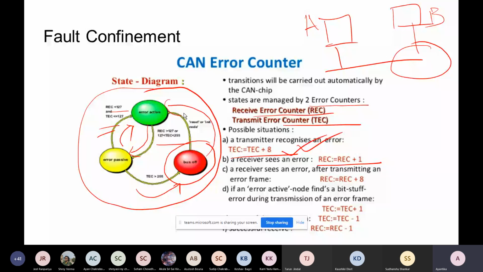Now, if that fails, there is no purpose of communication within that CAN network. That's why there should be some mechanism to handle errors and faults within the network itself. And fault confinement is one example of that. That's why CAN is really popular in the embedded domain or real-time domain.